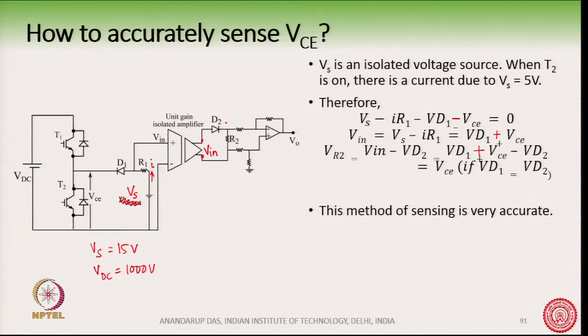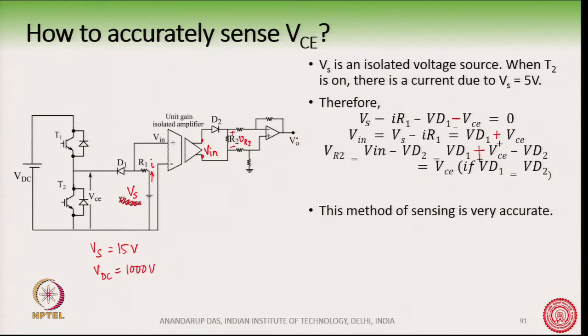We then pass it through another diode and get the voltage across this resistance R2. The voltage VR2 is equal to V in minus VD2, the drop across this diode.